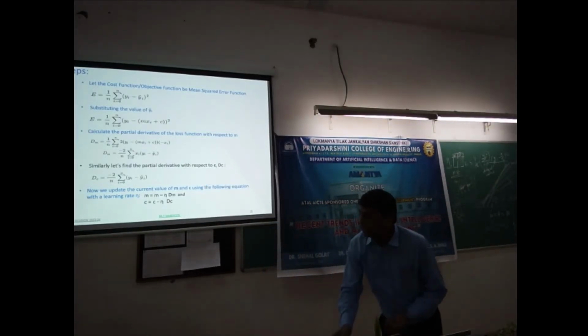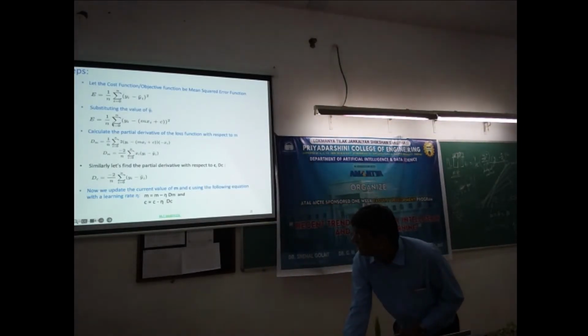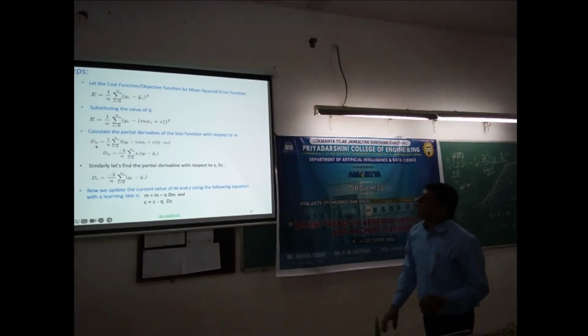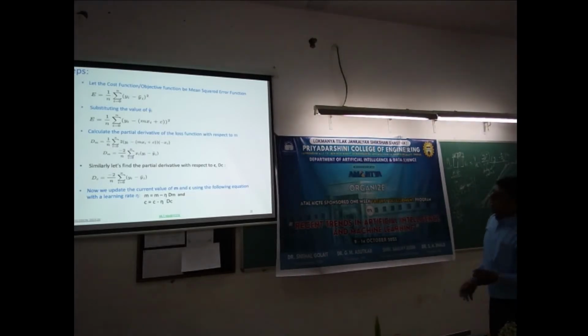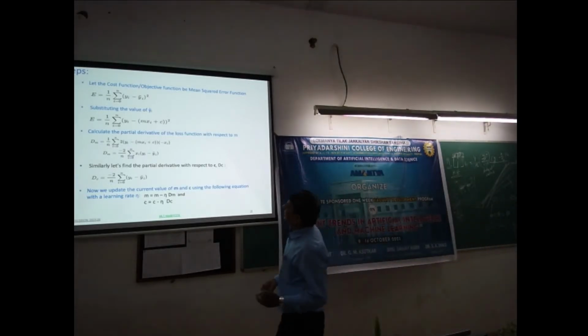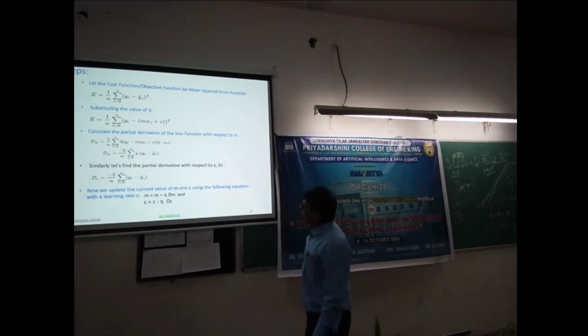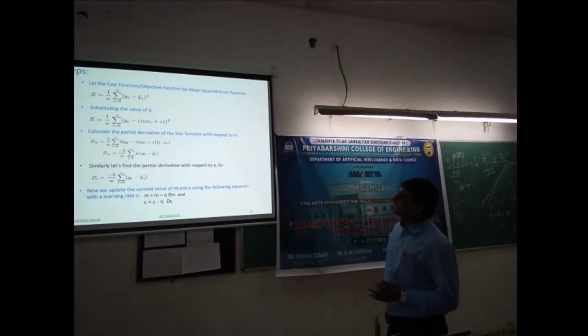If you differentiate this E with respect to m, the term we get is, suppose, dm. If you simplify it, dm is equal to minus 2 by n, summation i equal to 0 to n minus 1, xi into (yi minus yi cap).